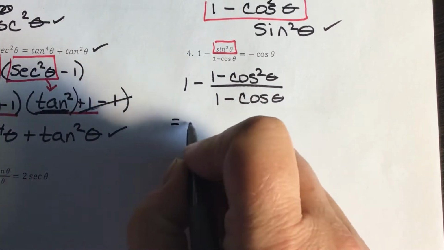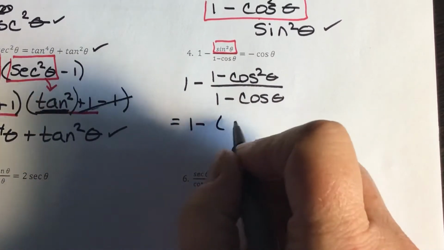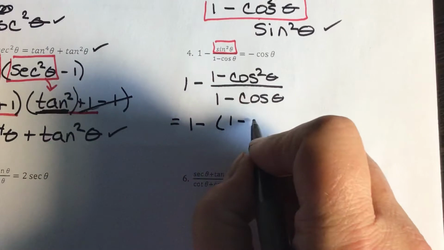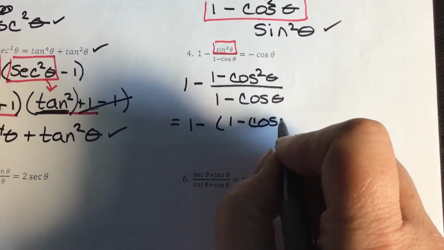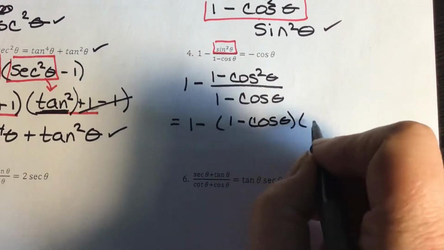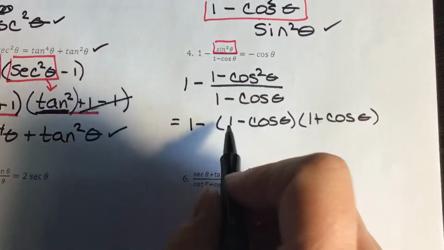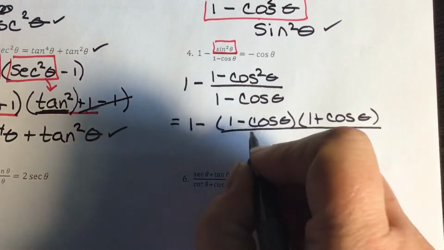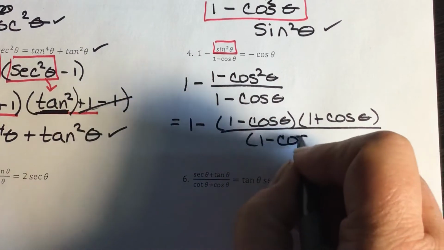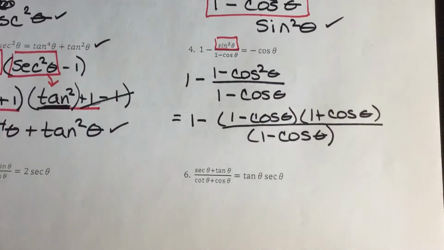So this is 1 minus, and on the numerator I have 1 minus cosine of the angle times 1 plus cosine of the angle over 1 minus cosine theta.